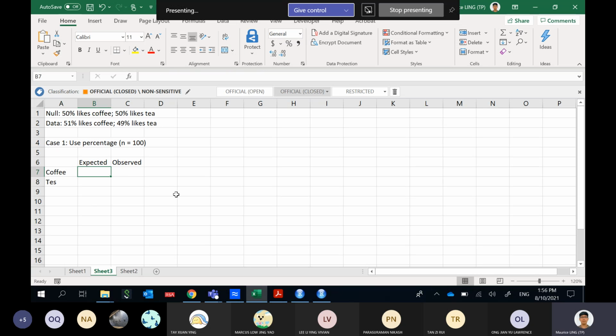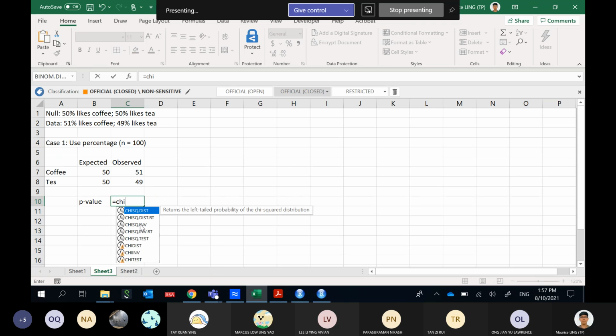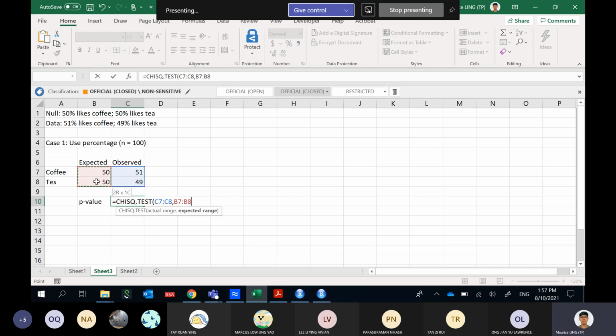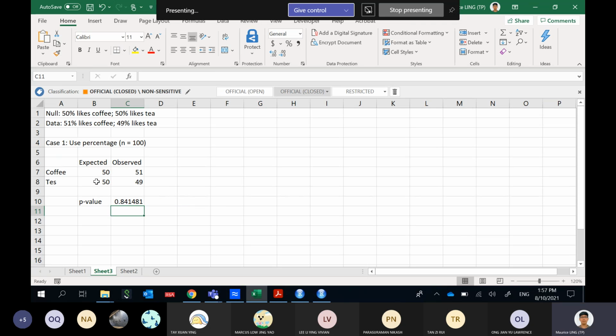Expected, what is the number that I should put there? 50-50, because it's based on the null hypothesis. Observed for coffee, 51, so 49. Then I calculate my p-value. Conclusion is accept the null hypothesis.